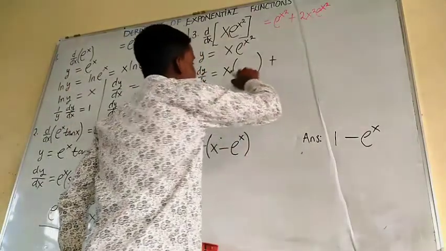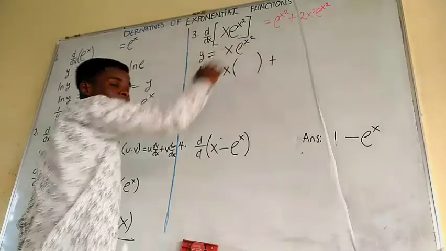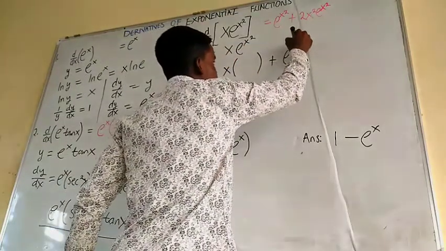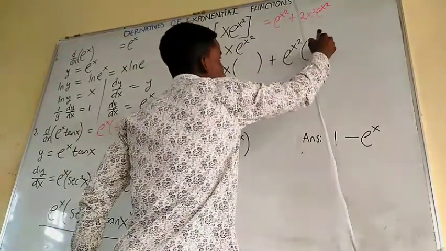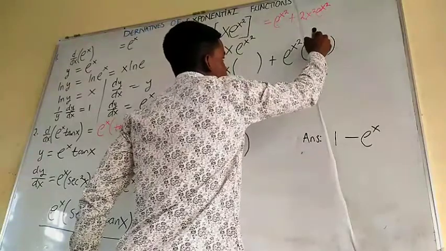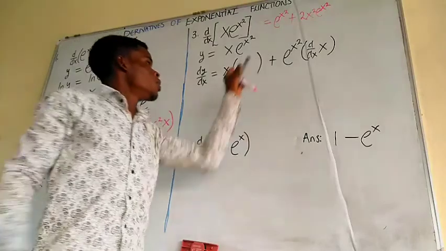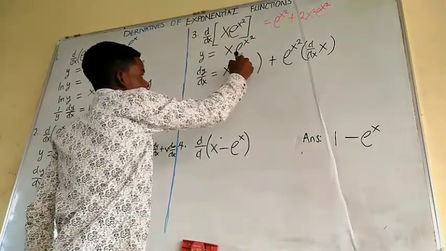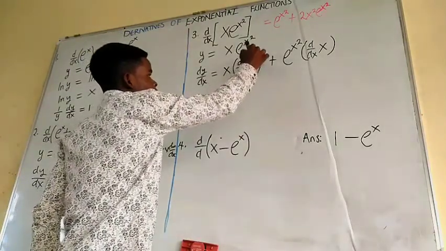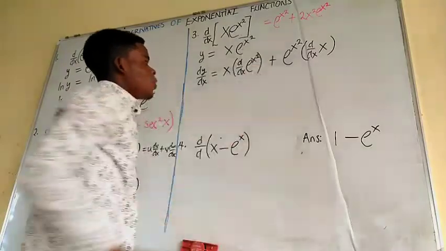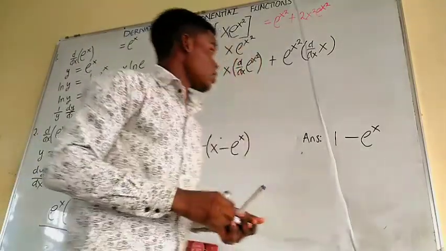We add it with, now we're going to differentiate the first one while keeping the second one. So we have e to the power of x to the second power, we find the derivative with respect to x of x. Now here, we're going to just find the derivative with respect to x of e to the x to the second power. Okay, very nice.